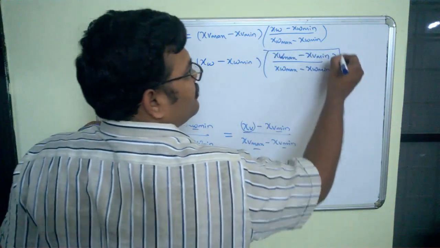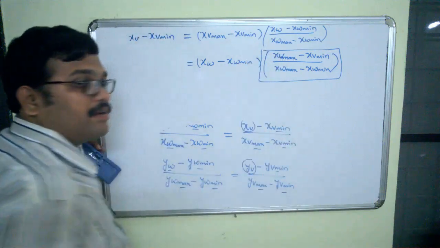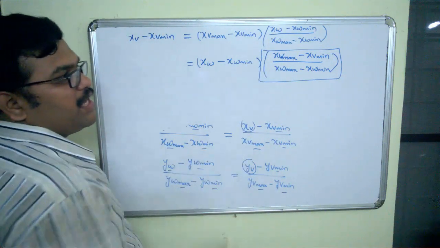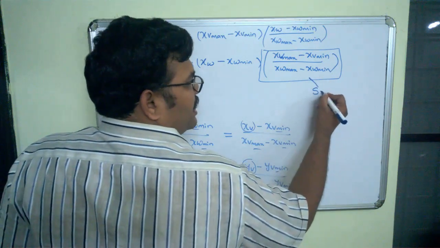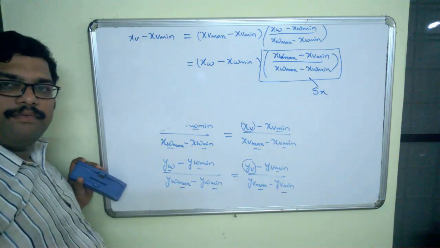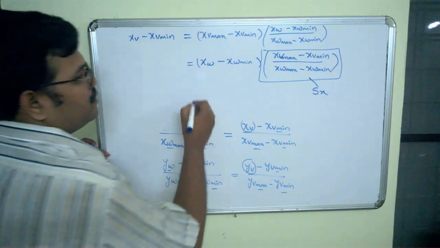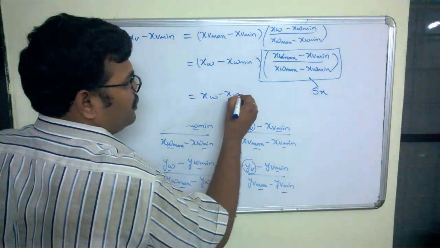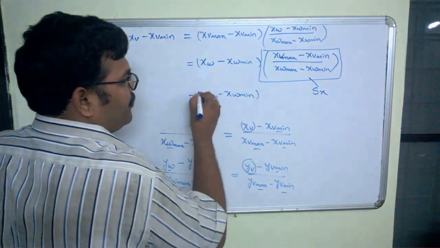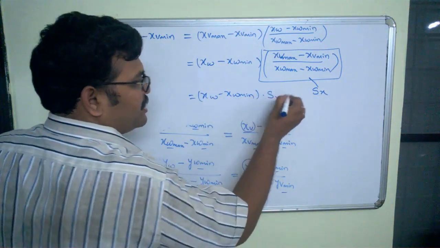This term is nothing but a scaling factor. So this can be written as Sx, the scaling factor with respect to the x-axis. So this can be written as xw minus xw minimum into Sx.